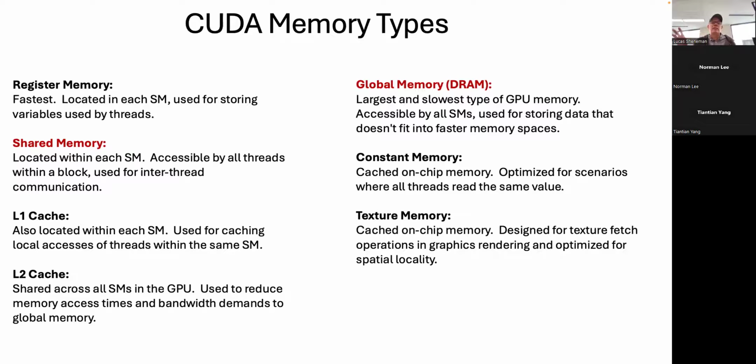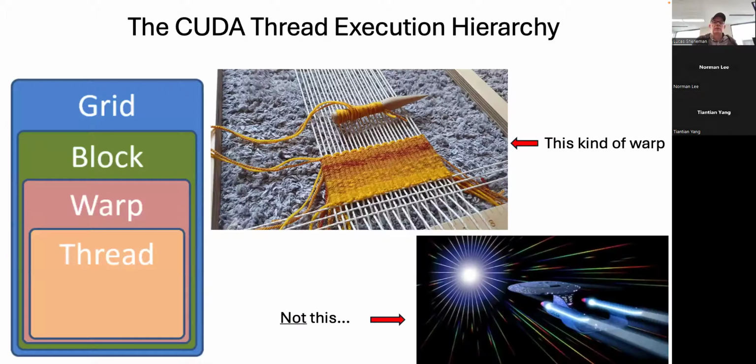But what we're going to talk about, and why they're highlighted in red, is pretty much exclusively global memory, which is the largest and slowest type of GPU memory, accessible by all of the streaming multiprocessors, and the shared memory, which is located within each streaming multiprocessor, and it's accessible by all threads within a block. So any thread within a block, and again, I'll go into that because that's super important. But it's fast, right? And so those are the two that you mainly have control over, and that's why we're going to talk about them.